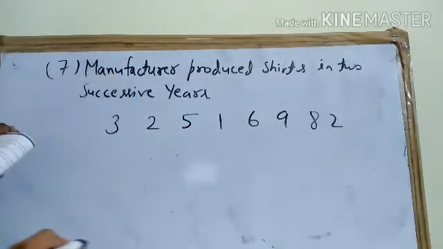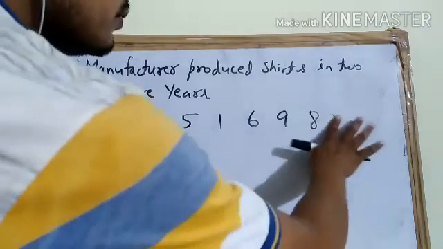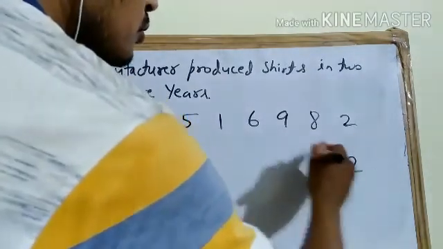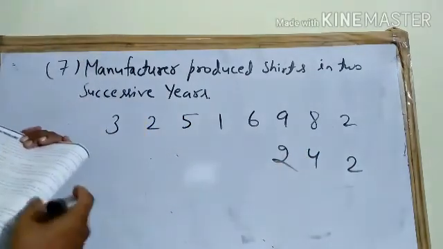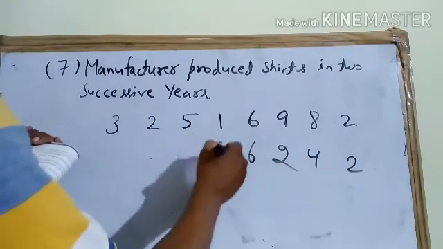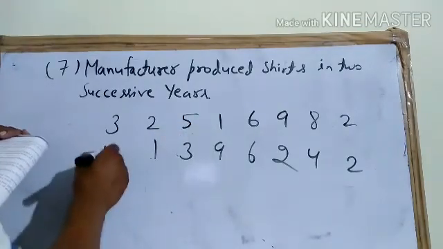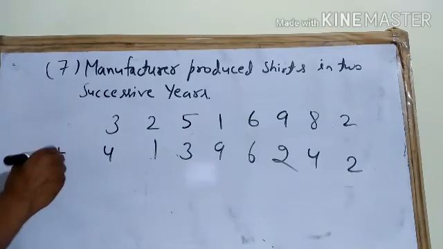This is the production of the first year, and in the second year 2, 4, 2, 6, 9, 3, 1, 4. This is the production of the second year. We have to add them.